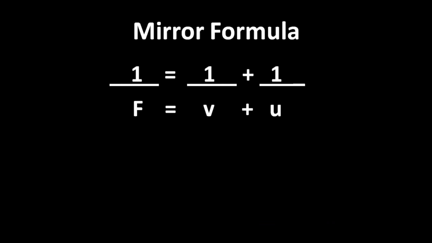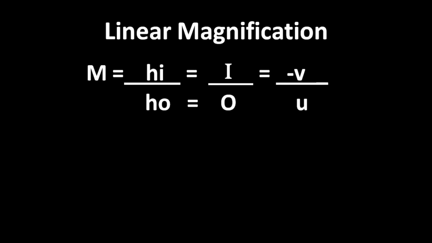The focal length, image distance, and object distance are related by the mirror formula: 1 upon f is equal to 1 upon v plus 1 upon u. The term linear magnification represents the ratio of height of image to height of object.